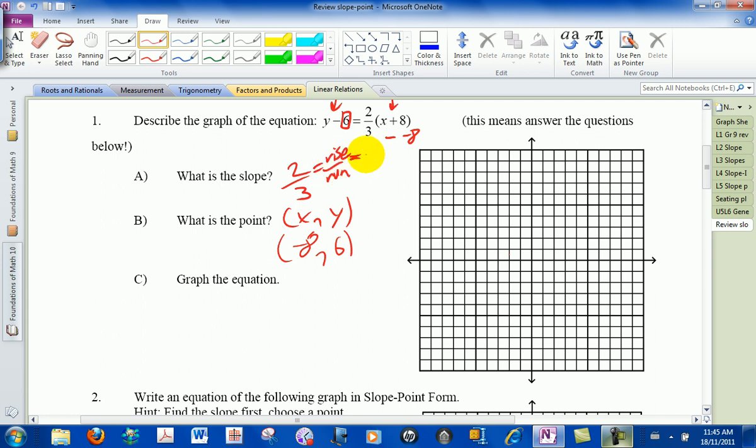A positive 2 tells us that we go up 2 for a rise, and a positive 3 tells us that we go right 3. So the first thing you have to do to graph this is plot the point, negative 8, 6. Then you use the slope to find other points.